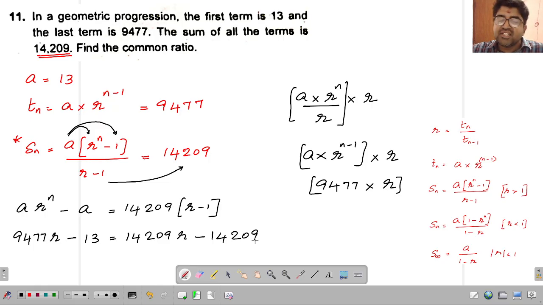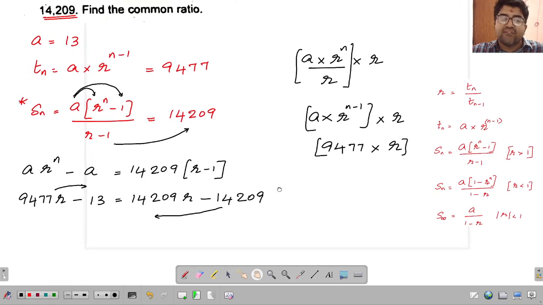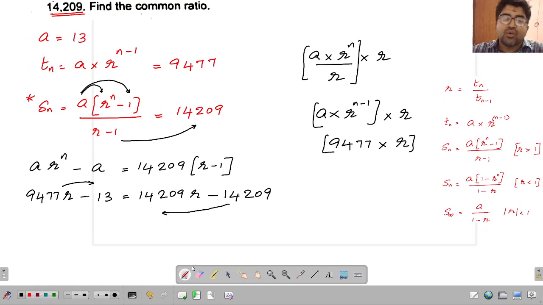Now it's very simple. You just take this 9477 r to the right hand side. You take this 14209 to the left hand side and just simplify it. You can see now this will come here as 14209 minus 13, that is equal to 14196.